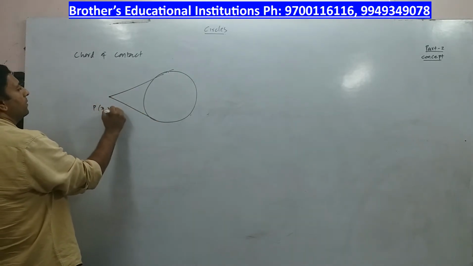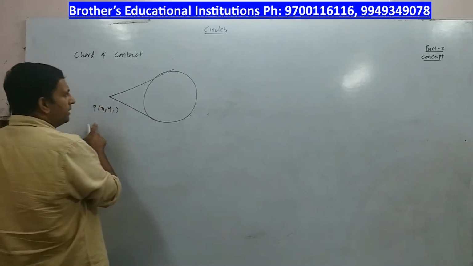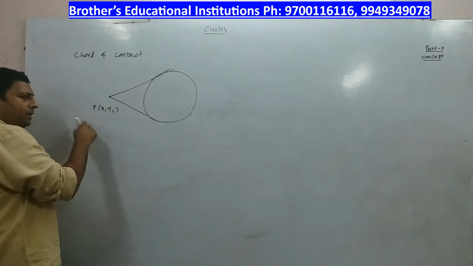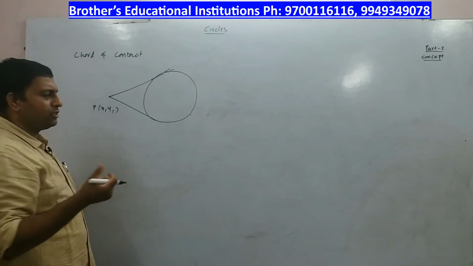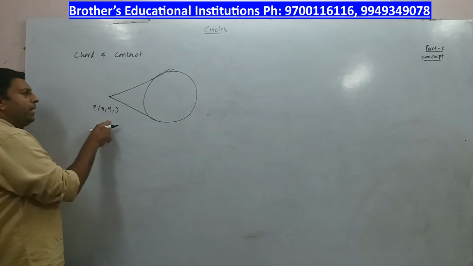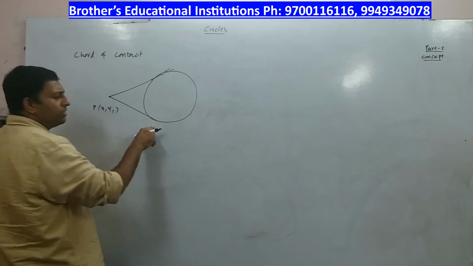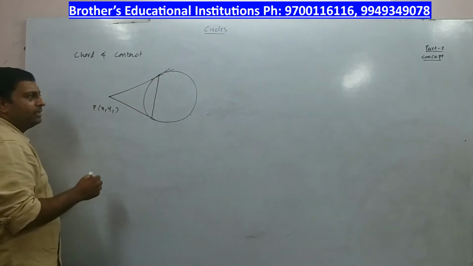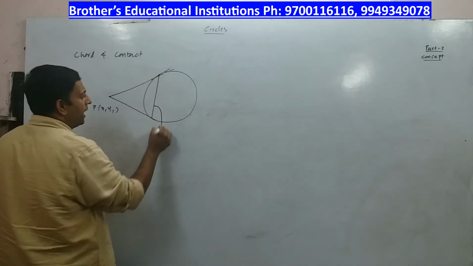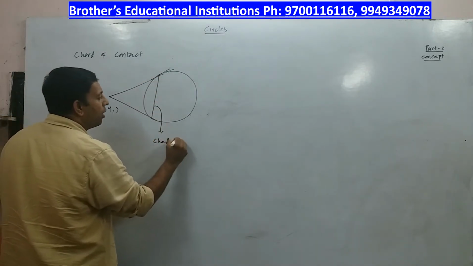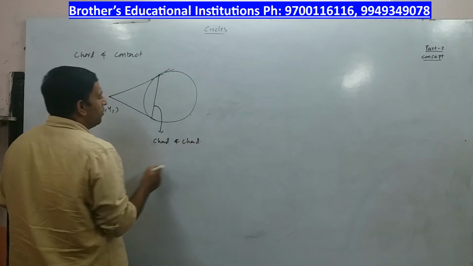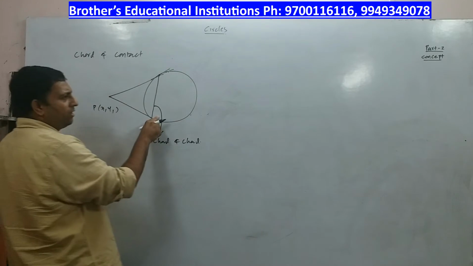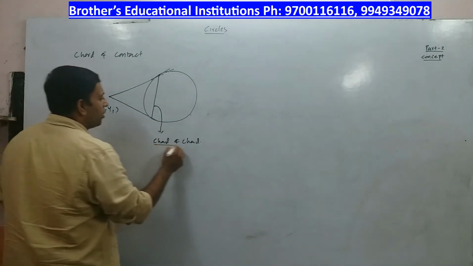So from a point P, which is an external point, if two tangents are drawn from a point P, you may pause the video and note down the definitions also, right? From a point P, if two tangents are drawn to the circle, then the line joining the points of contact is called chord of contact. So you understand, it is not just a simple chord, it is a chord joining two points of contact of a circle, and that is called chord of contact.